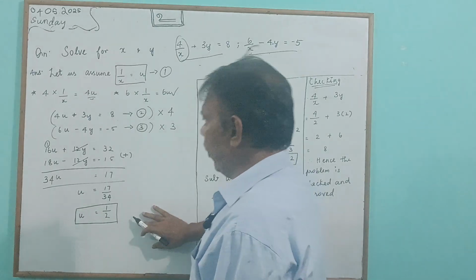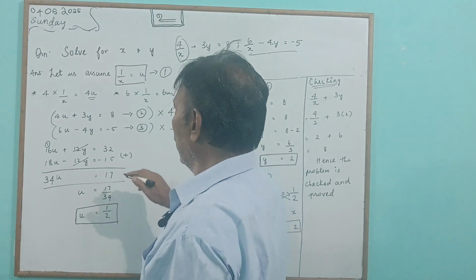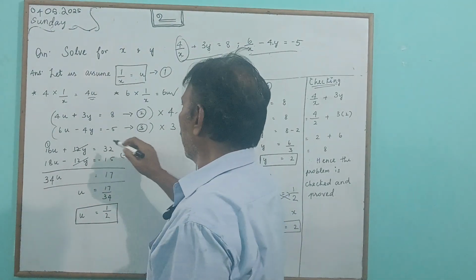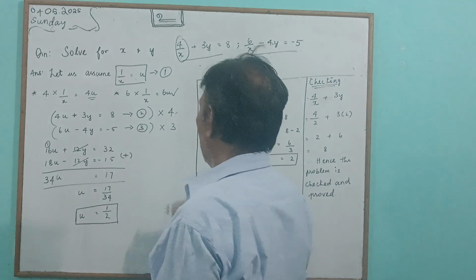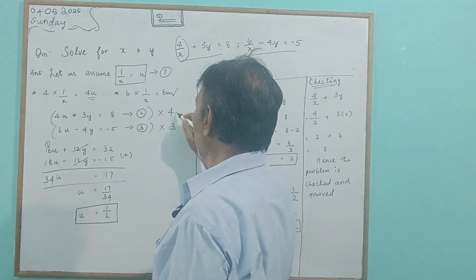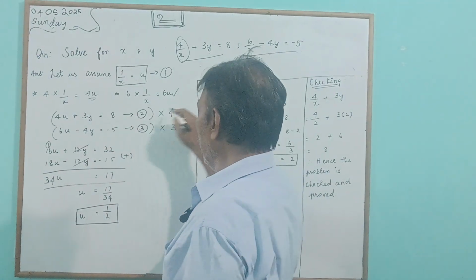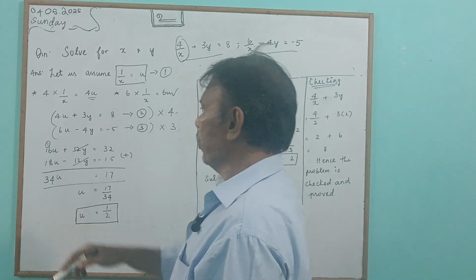Now, we are going by the elimination method. So, if you multiply this equation by 4, this becomes 12y. If you multiply by 3, this becomes minus 12y. So that is why I am multiplying this equation by 4, this equation by 3, to cancel out the y.